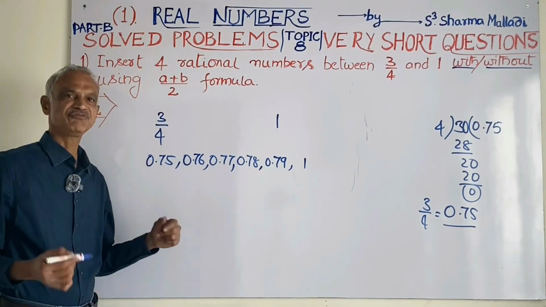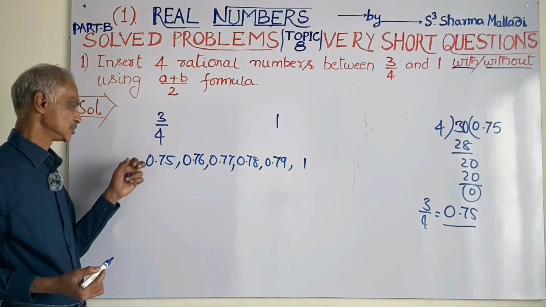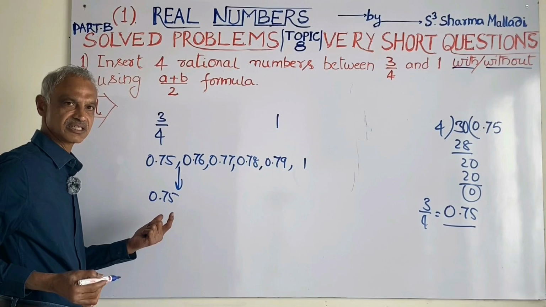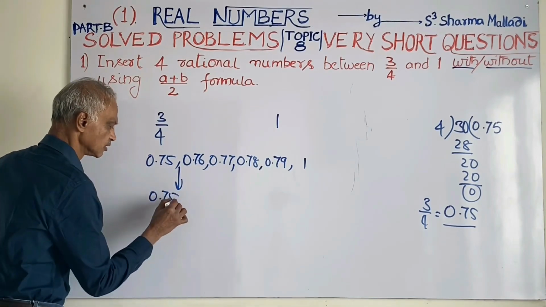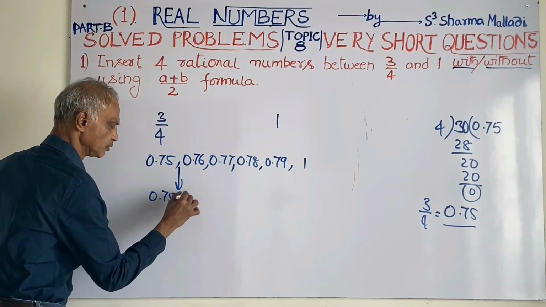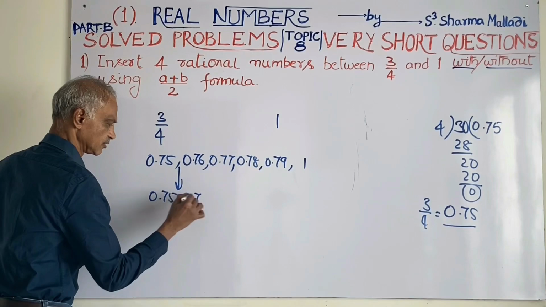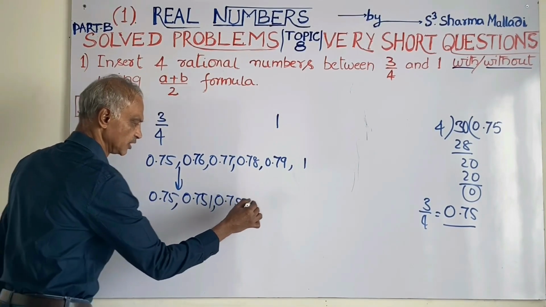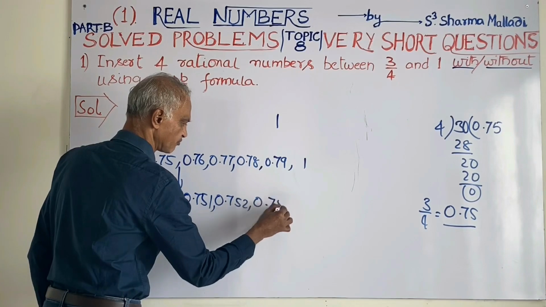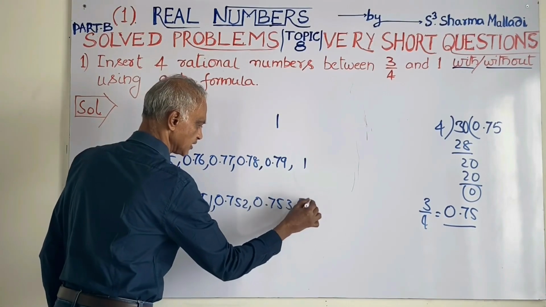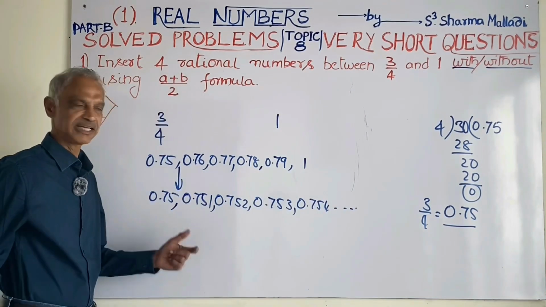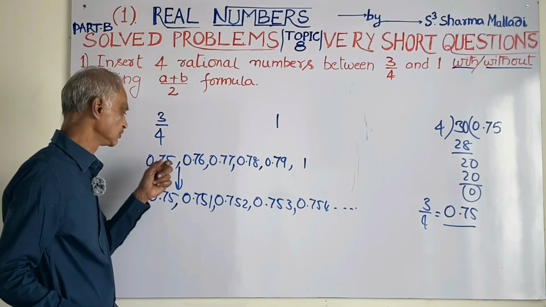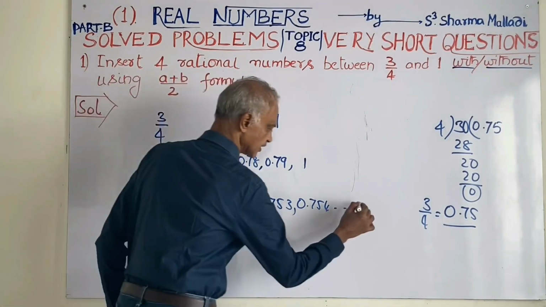We can write infinite rational numbers between 0.75 and 1, and also between 0.75 and 0.76: 0.751, 0.752, 0.753, 0.754. Like that we can insert many rational numbers.